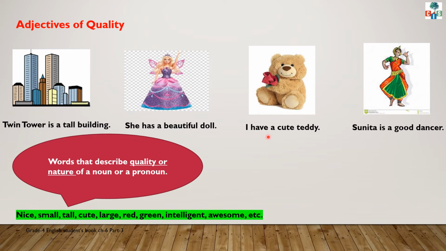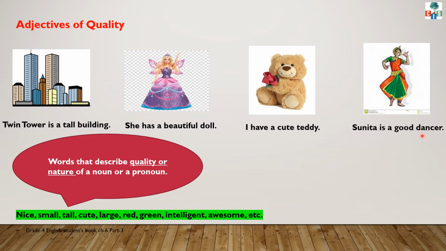Next, I have a cute teddy. What is the noun? Teddy. And before this noun, I have used a word, cute. So, cute is describing a noun. Cute is describing a teddy. So, cute is an adjective of quality in this sentence.